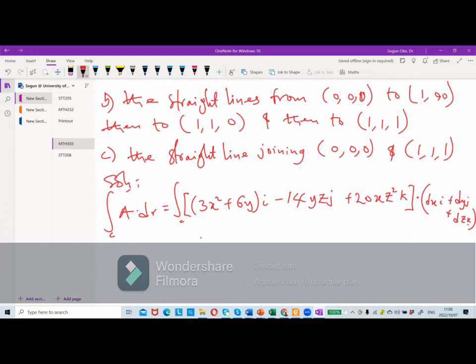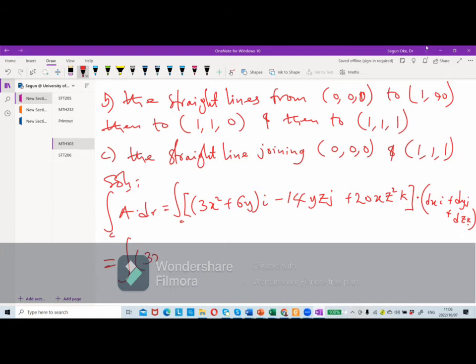Don't bring complex into this. In complex, i dot i is i squared, which is -1. But in vectors, i dot i is 1. Please take note of that.